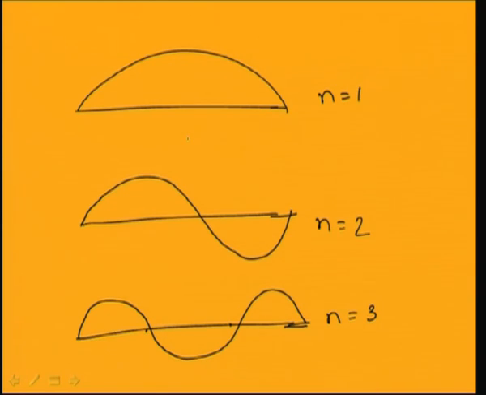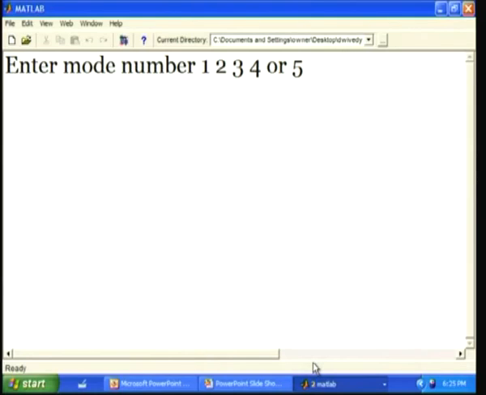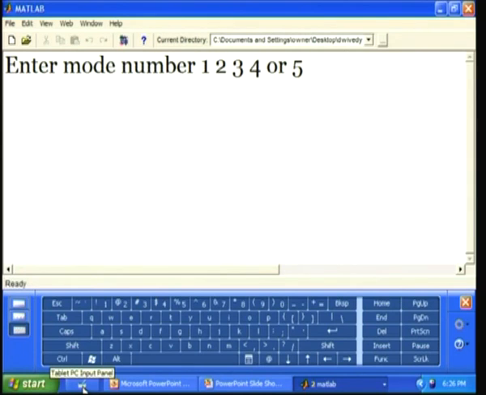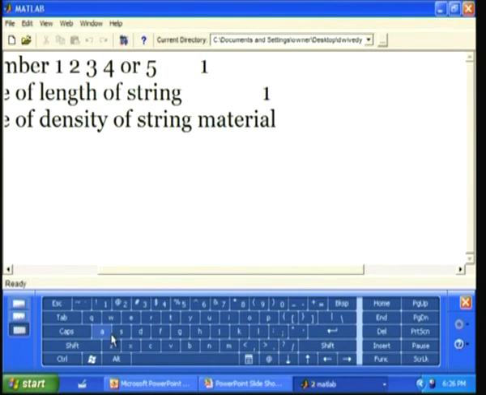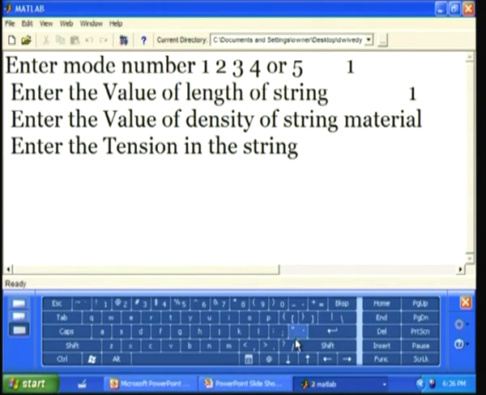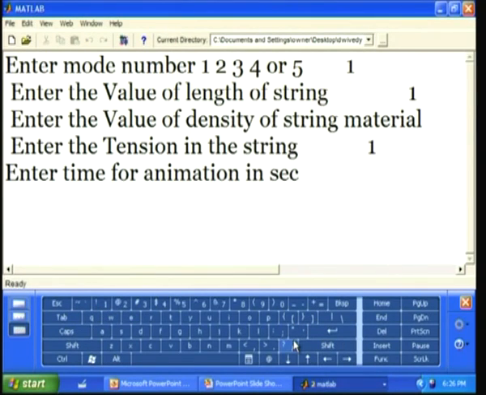So, let us see the simulation of this. Let me see the first mode, let me write the different modes of this. I am interested in the first mode. If I put mode number 1, let me take the length of the string to be 1, density also 1, and the tension also unit tension, and let me see the animation for 5 seconds.